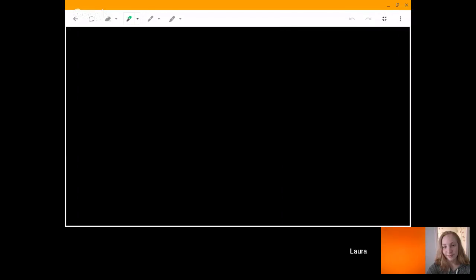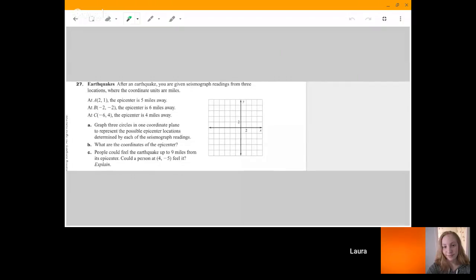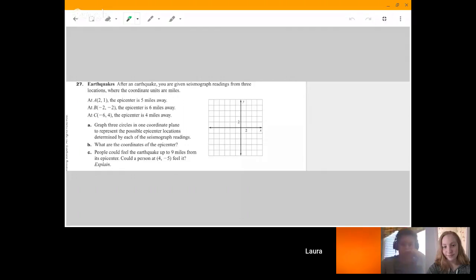Okay. So let's see. Coordinates are miles. It's telling you to determine, by each of the seismograph graphs, what the coordinates of the epicenter are.